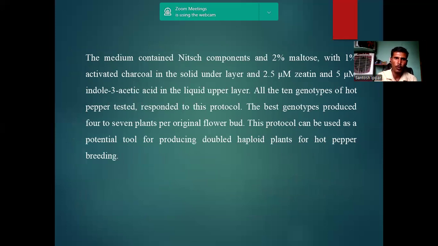Here is the media composition they used: 2% maltose, 1% activated charcoal in the solid underlayer, and 2.5 micromolar G18 and 5 micromolar indole acetic acid in the liquid upper layer. Both media are used in the same petri plate. The lower layer is semi-solid and the upper layer is liquid.